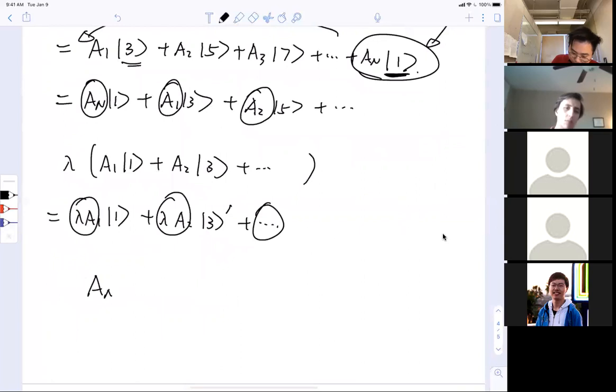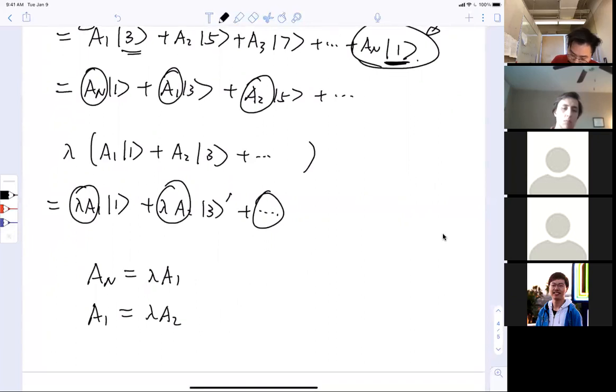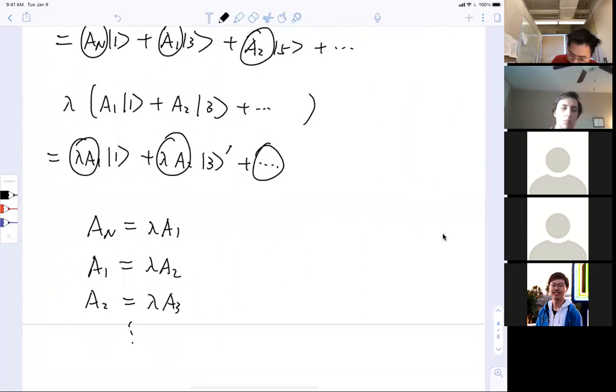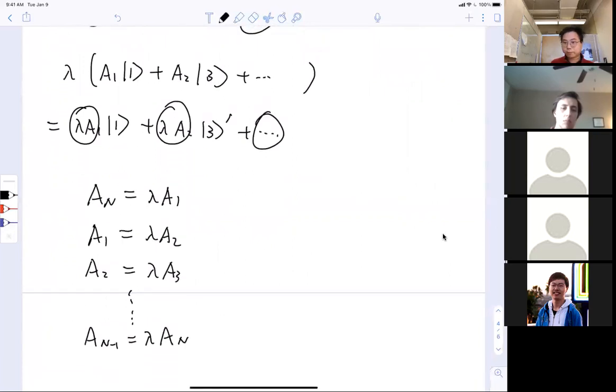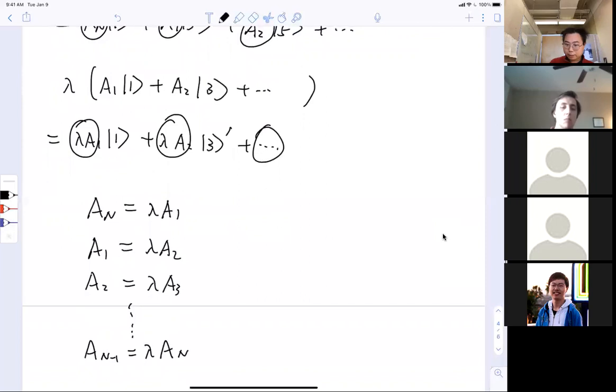So we get a set of equations: An equals lambda A1, and A1 equals lambda A2, and A2 equals lambda A3, and so on, A(n minus 1) equals lambda An. Is it clear?